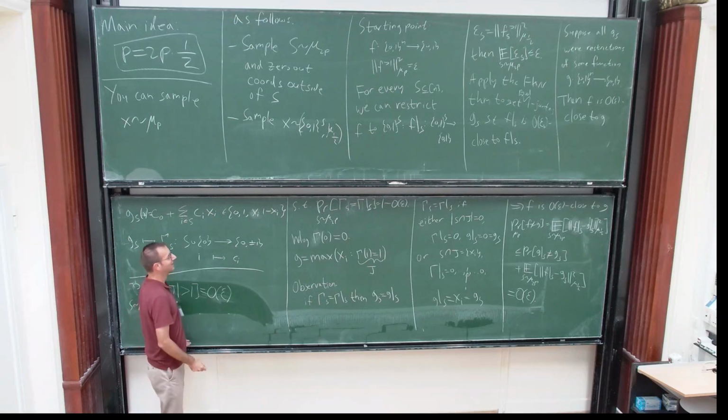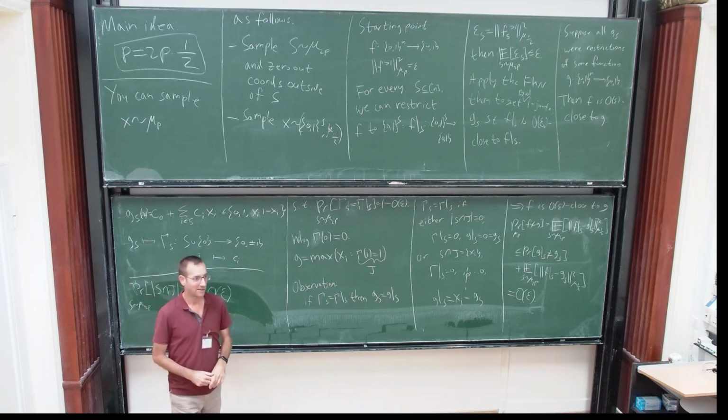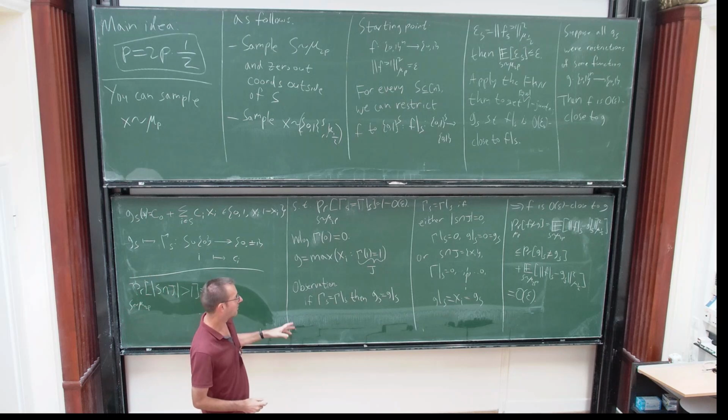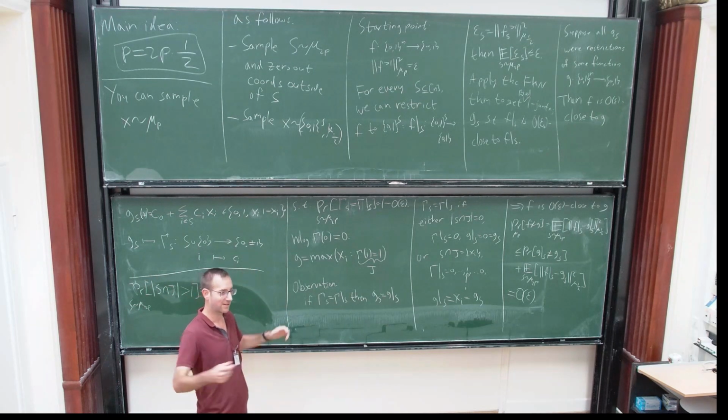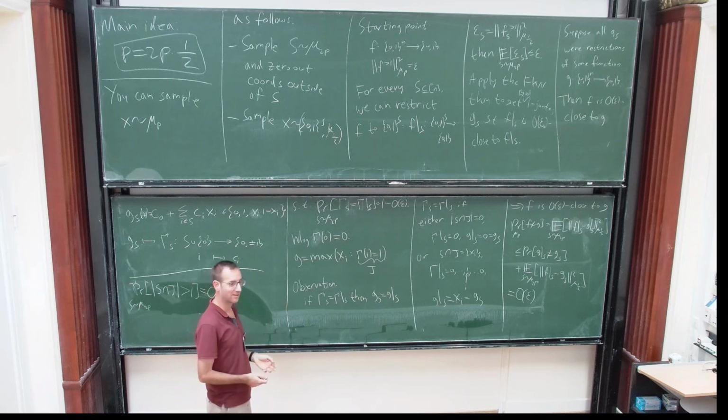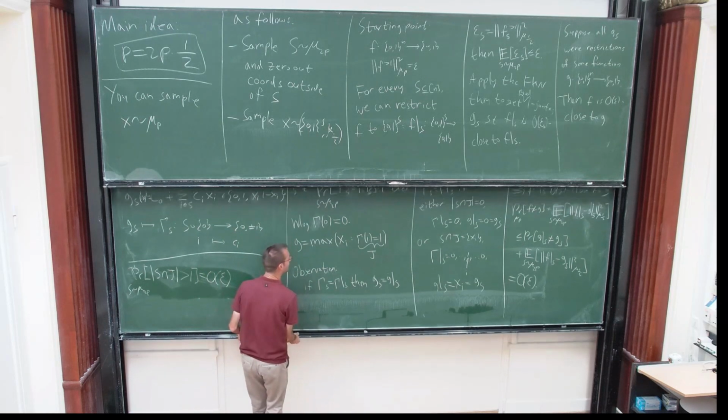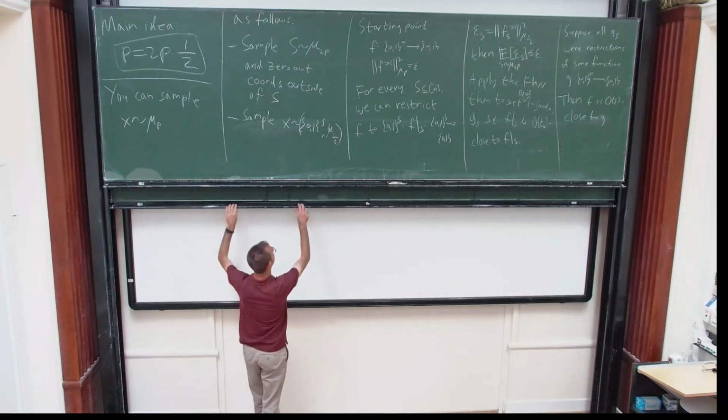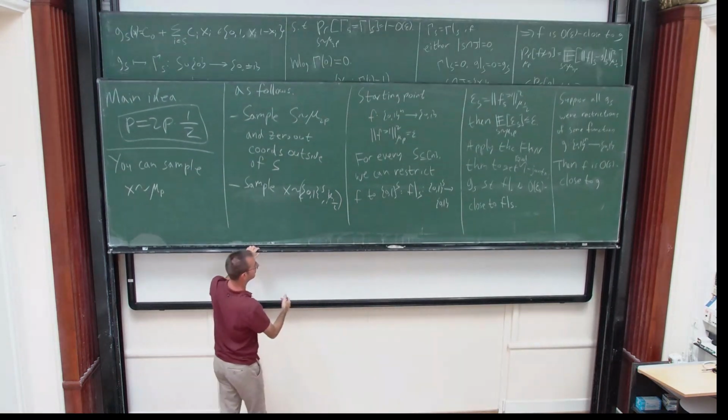Okay, but the more interesting part is how do you show that all of these gamma S come from this restriction of this global gamma. Okay, so that's what we're going to do.